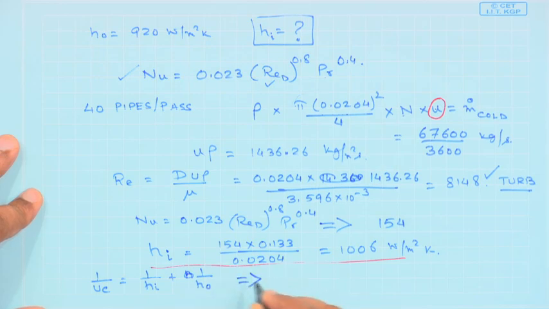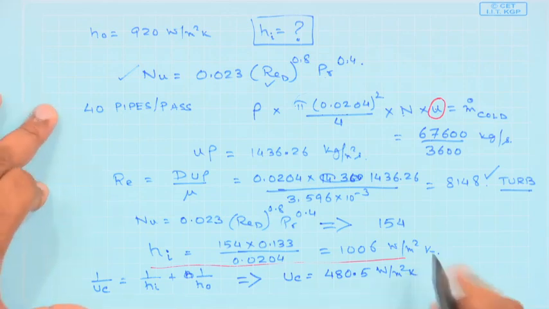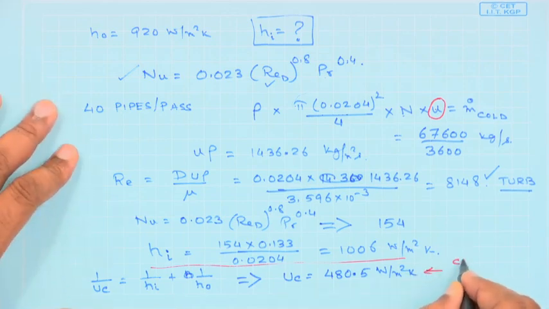So, this would give us the value of Uc equal to 480.5 watt per meter square Kelvin. So, this is nothing but the clean heat transfer coefficient.